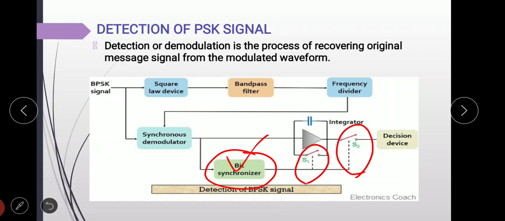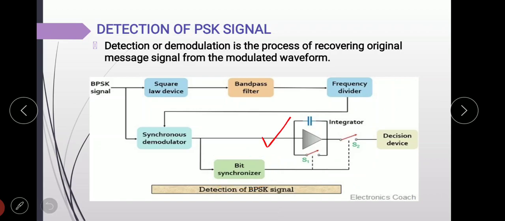At the end of the bit duration, the bit synchronizer closes switch S2. Means when we give the signal to the integrator for 1 bit period, it closes S1, and the integrator integrates the signal for only 1 bit period.